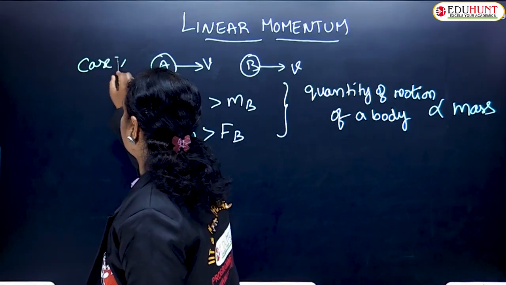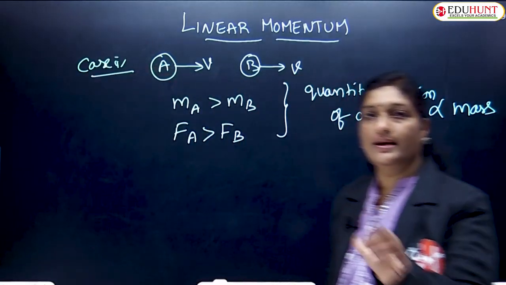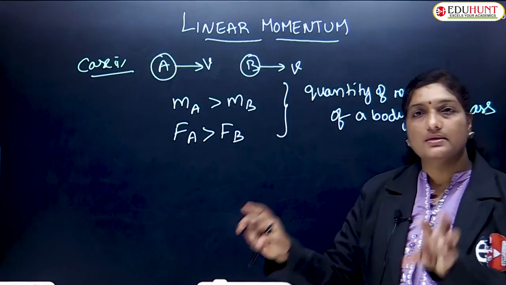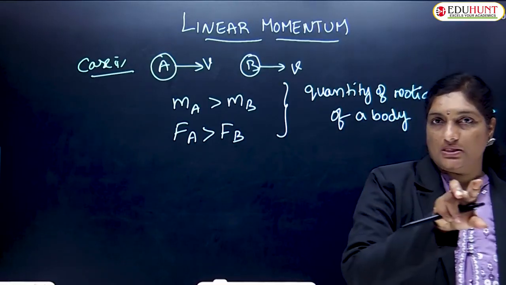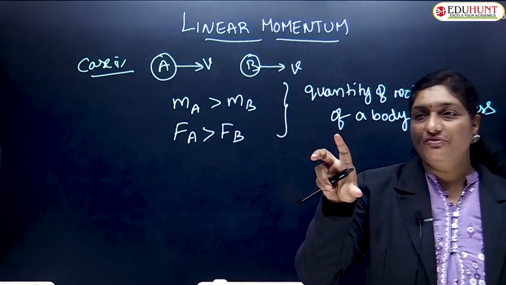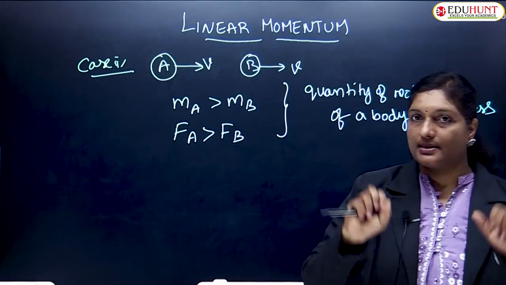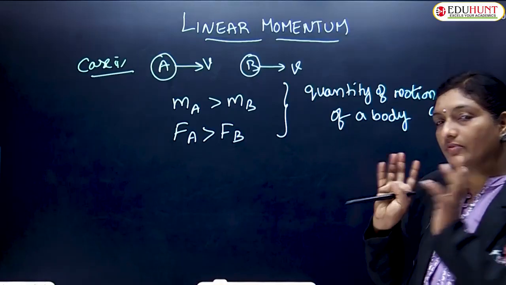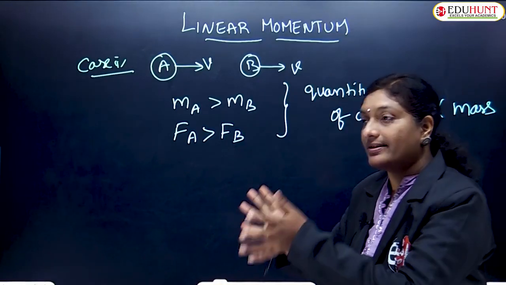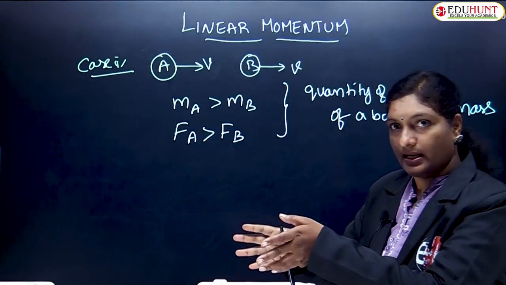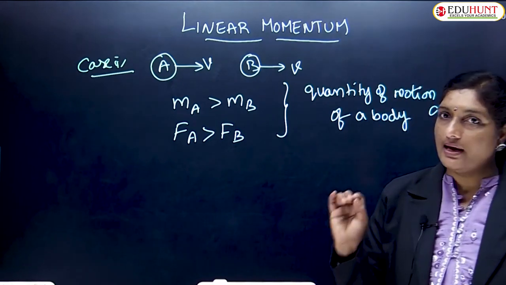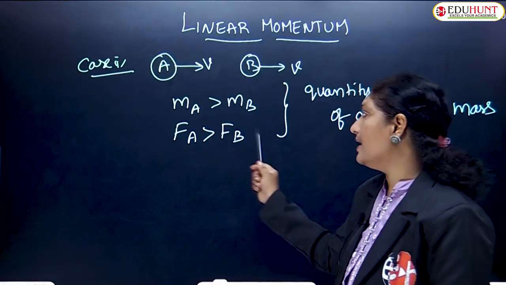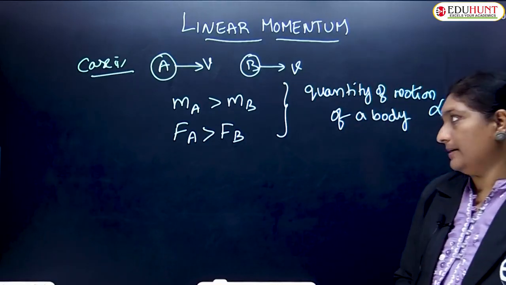I'm giving you an example where we consider two different bodies, A and B, moving with velocity v, where the mass of A is greater than the mass of B. The force required to stop the heavier body will be larger than the force required to stop the lighter body. That is, force A is greater than force B.